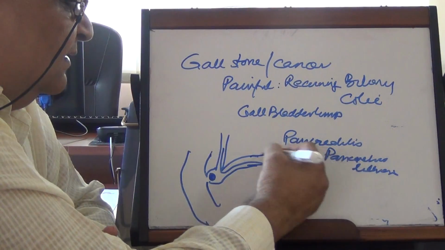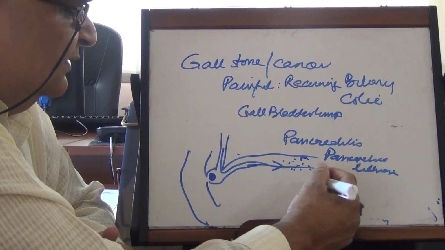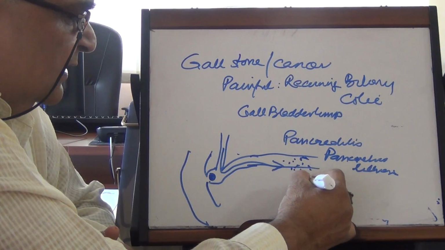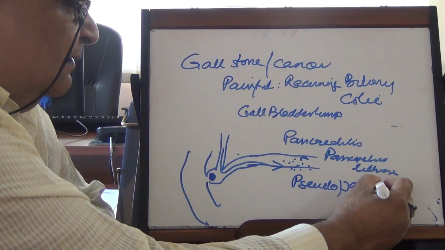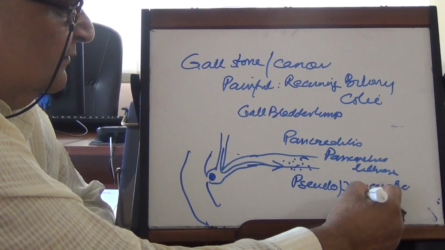And pancreas can release a lot of fluid into the lesser sac. Therefore, there can be a pseudopancreatic cyst.